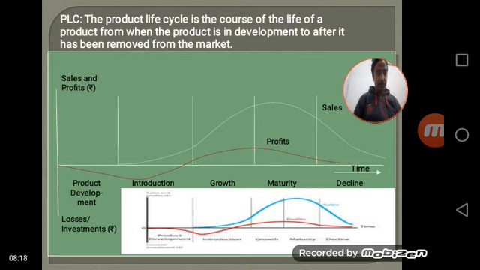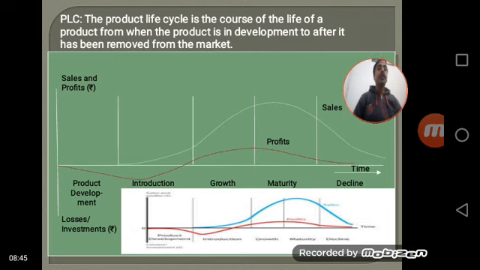Clear? Now the third stage is growth. After introduction, your company is growing in the market. It means that you are selling more product in the market. You have started your business in full swing. So from the introduction stage, now you are in the growth stage.